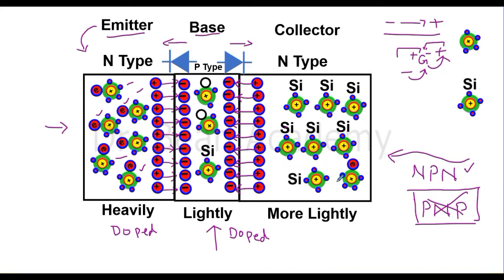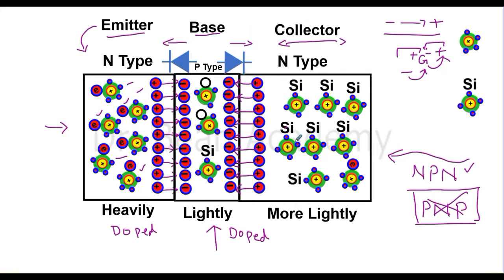And then we have a region lightly doped, even more lightly than the base, and they call it collector because during the operation they use it to collect electrons which come from the n-type side, on the left side. So this is n-type, which is the emitter. Here we have the collector.